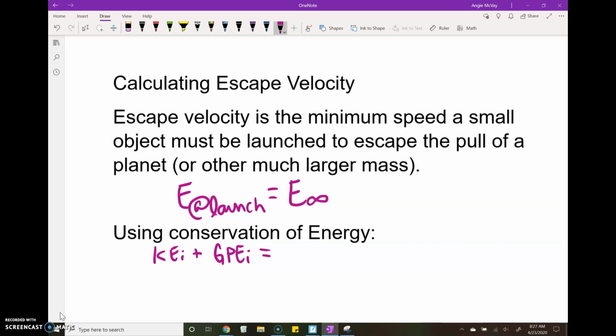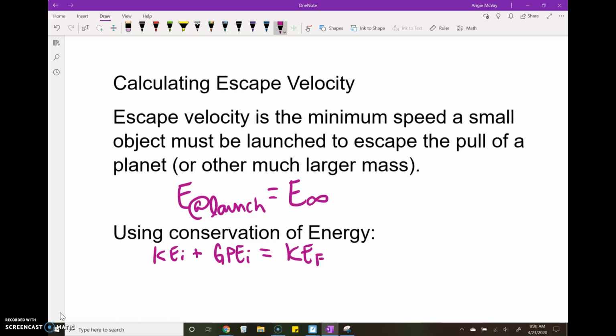And then at infinitely far away, we've escaped the Earth's gravitational pull, so there's no gravitational potential energy, but there is possibly some kinetic energy.